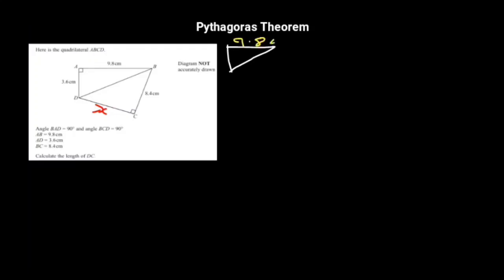Our first triangle, we have our length as 9.8 on top, then we have 3.6 as the adjacent, and then we have our hypotenuse, which is the longest length, is X. From our formula that we've described previously, we know that C is equal to square root of A squared plus B squared.